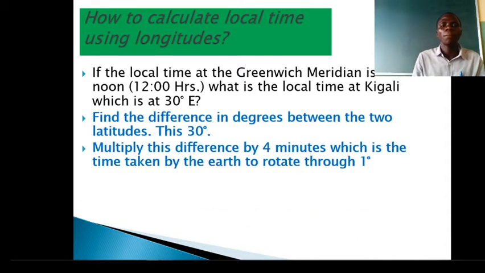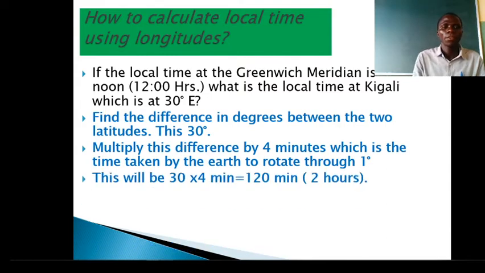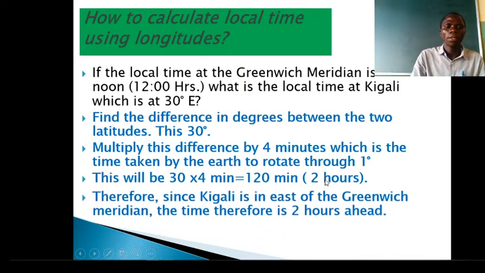Second, multiply this difference by 4. Remember, 4 minutes correspond to 1 degree. Now, this will be 30 degrees times 4 minutes and we will obtain 120 minutes, which correspond to 2 hours.